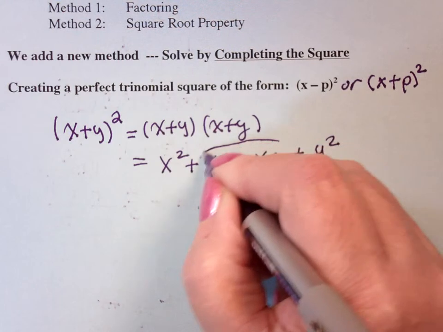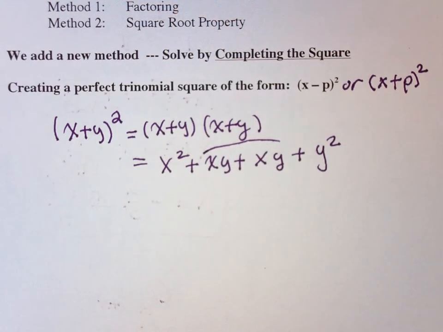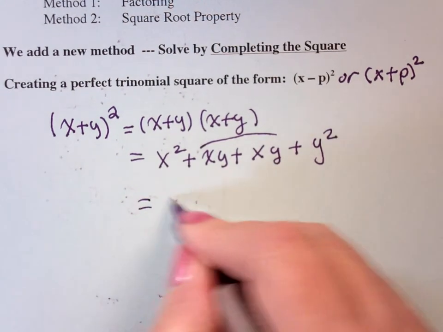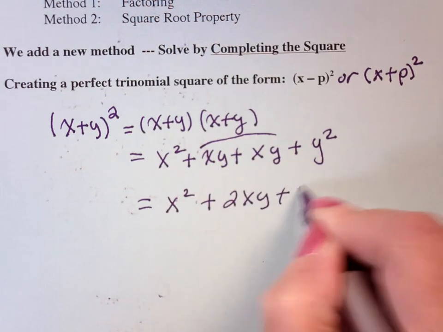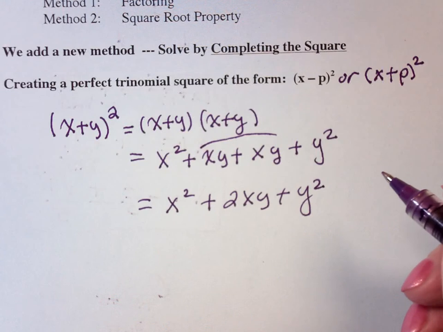Notice I've got the inner outer is repeated twice, so this becomes x squared plus 2xy plus y squared.